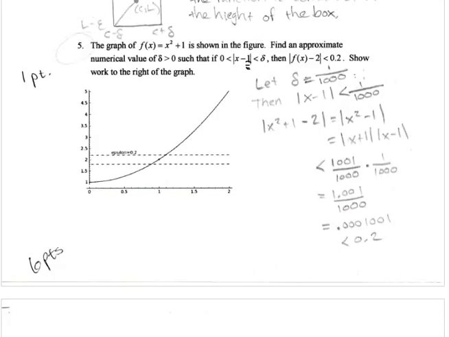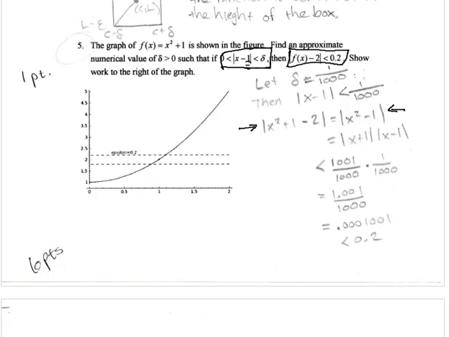So if that's true, we get to assume that the absolute value of x minus 1 has to be less than 1 over 1,000. Then this quantity, absolute value of f of x minus 2 less than 0.2, is this right here.